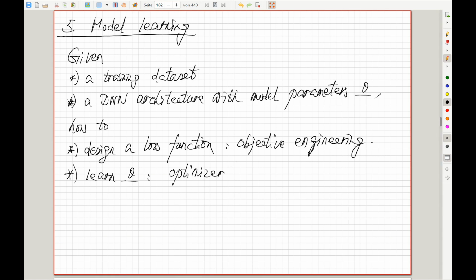You also need to define a suitable time schedule for how to do the iterative optimization. That's the so-called training engineering. Remember, I mentioned deep learning contains multiple engineering components. Up to now, you have learned data engineering, architecture engineering, and now objective engineering, optimizer, and training engineering.